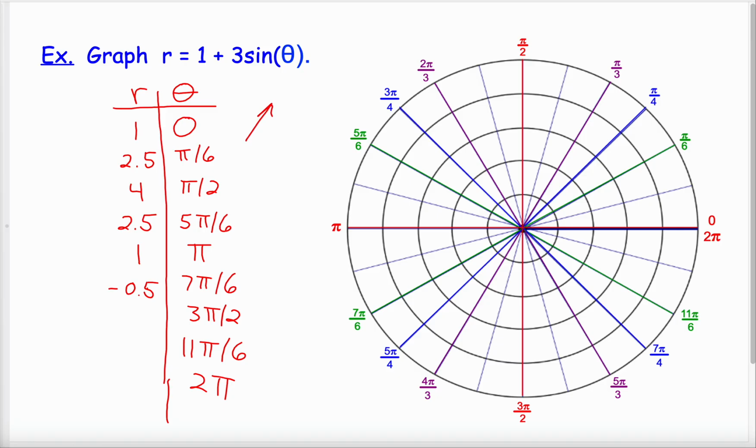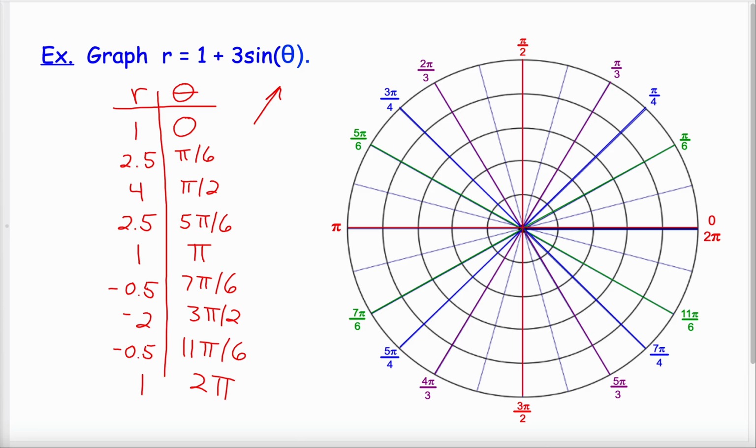Let's try 3 pi over 2. So sine of 3 pi over 2, negative 1, times 3 is negative 3. 1 plus negative 3, a negative 2. At 11 pi over 6, I'll get negative 0.5 again. And then at 2 pi, I'll get the same answer that I got at 0, and that's 1.